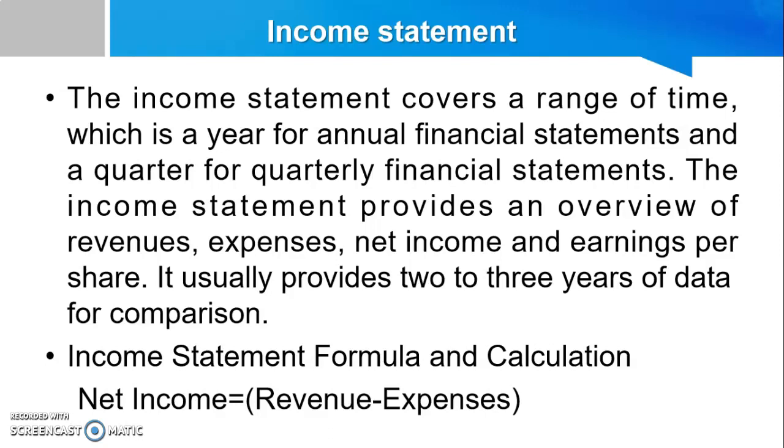Here we are talking about the first type of financial statement, that is the income statement. The income statement is one of the financial statements of an entity that reports three main pieces of financial information for a specific period of time.